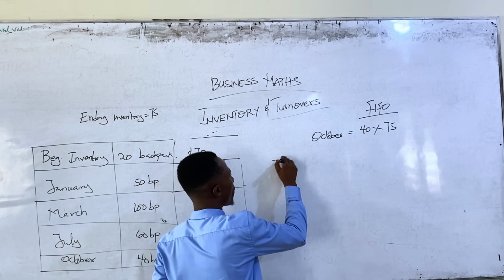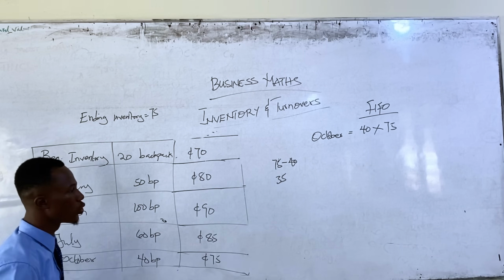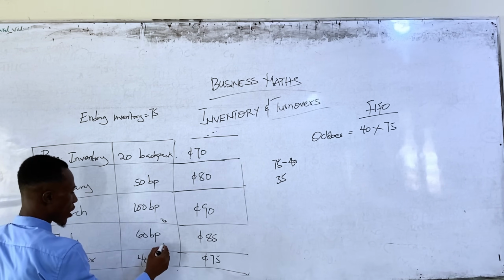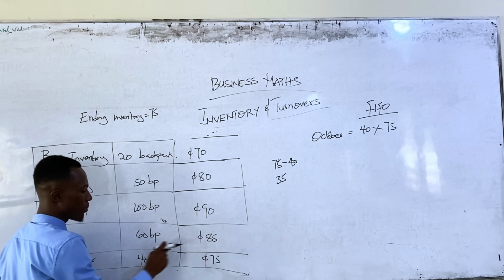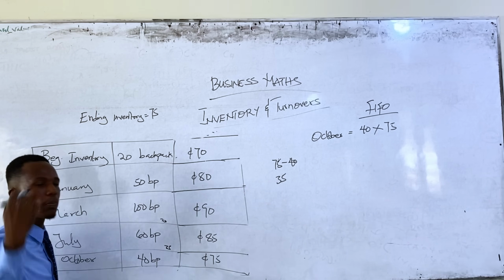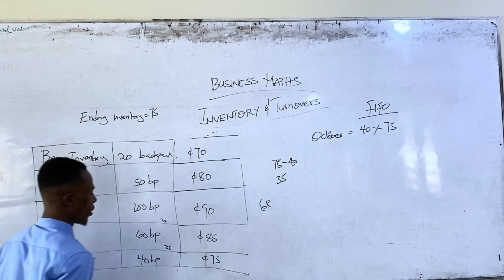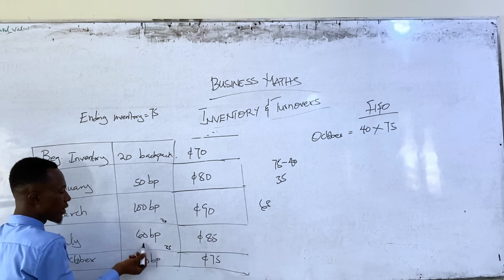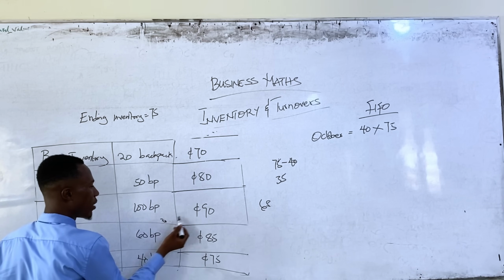Now 75 minus 40 is what? 35. So this 35 will come here. You are not going to multiply this 60 by the price, but rather the remaining one by the price. Suppose you had 65 left, you would have calculated the 60 times this, then the remaining 5 would come here and be multiplied by this.